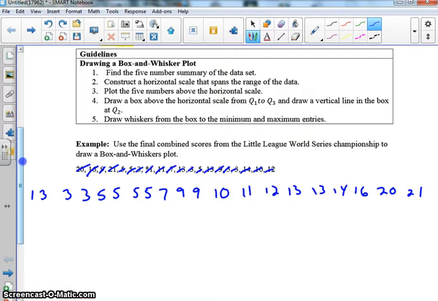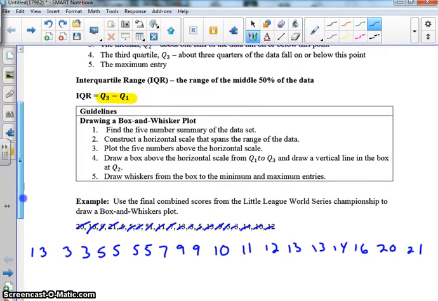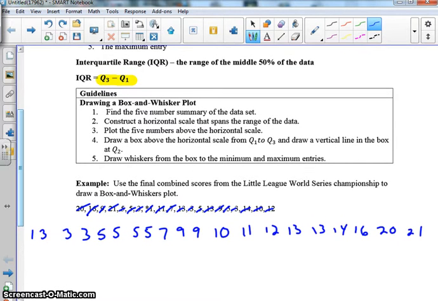Okay, so we want to go back and find the quartiles. We have to find the 5-number summary, and the quartiles are part of that. Easiest way to do that is to find the median first. We talked about that in one of the previous sections. Since there are 20 pieces of data, there's not a true median, so you want to go to the middle 2. 10 and 11 are going to be the middle 2.